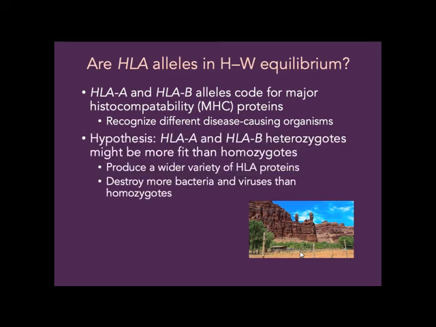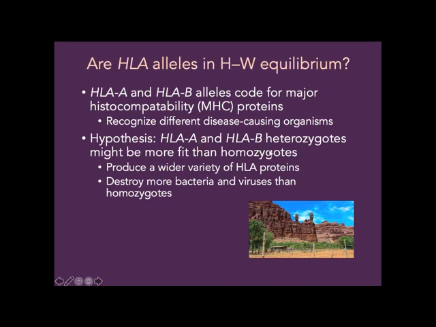So the hypothesis was that potentially HLA-A and HLA-B heterozygotes, and again, I should point out, these are not 2 alleles at one locus, these are 2 different gene loci, okay? So you've got like a big A and a little a over here, and a big B and a little b over here, okay?